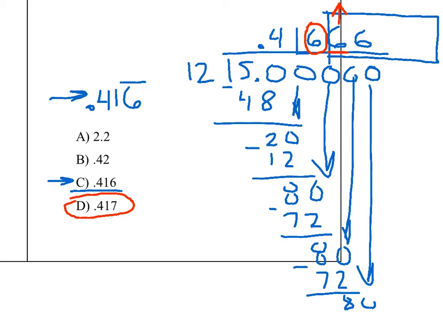So, if we want to round to the hundredths place, like somebody might have done on this one, we would stop at 0.416. We could circle the 1. We'd have the 6 to look at. It would round up to 0.42. So, from here on out, if you want to round something, and I'm going to tell you 9 times out of 10 to round to the thousandths place, that means you have to go one decimal place further to round correctly.